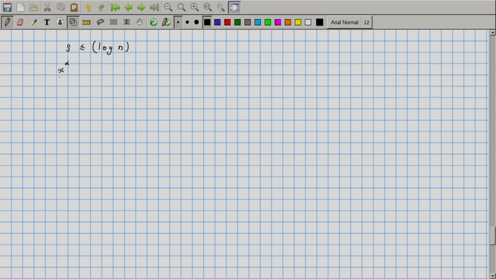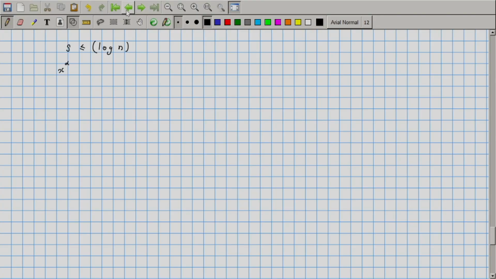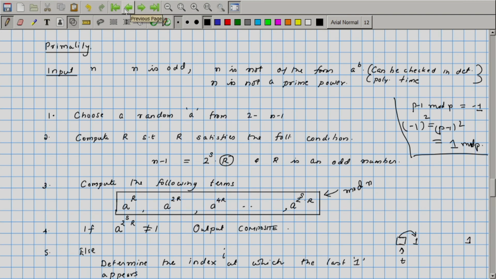Okay. So, here if an n bit binary string is being given or an n bit decimal number is given, the input size is log n, and so we want the algorithm's running time to be log n to the k for some fixed k. Here s is at most log n.